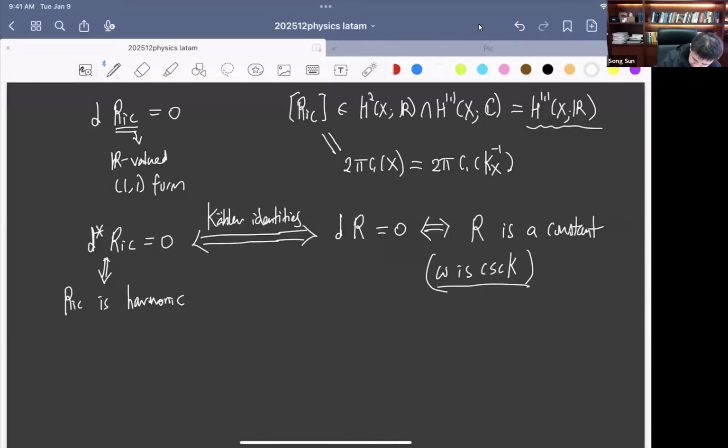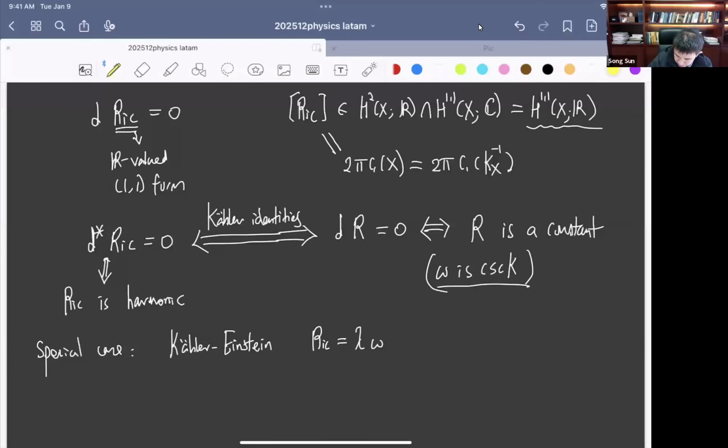A special case is when the metric is Kähler Einstein. Kähler Einstein just means it's a Kähler metric which is Einstein. So here the Ricci form is a multiple of the Kähler form.